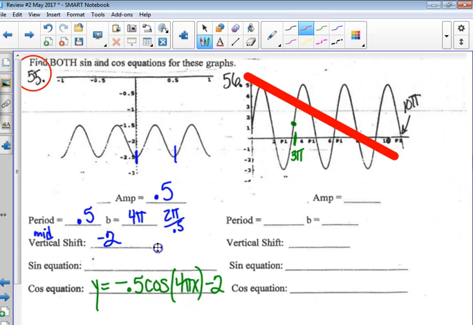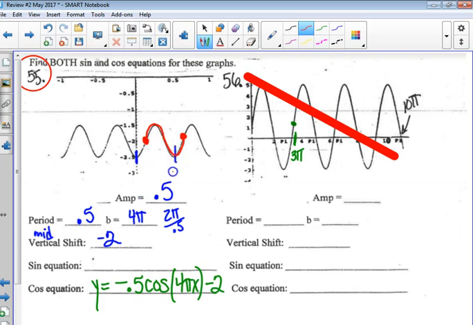Now the only thing that changes is we're going to put a phase shift in. Now we do have to decide, do we want to do a negative sine or a positive sine though? I'm going to do right here. Would that make sense? We're going to look at that as a sine right there. Okay.